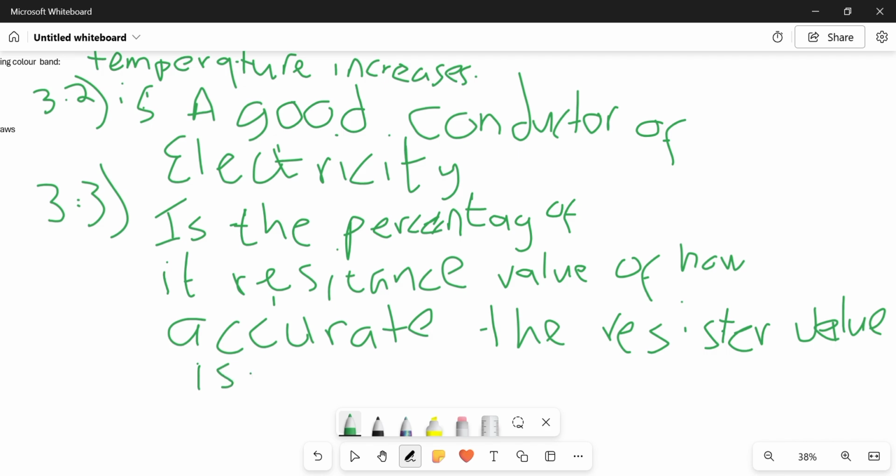Okay, that's a short definition of it. Okay, let's move on.